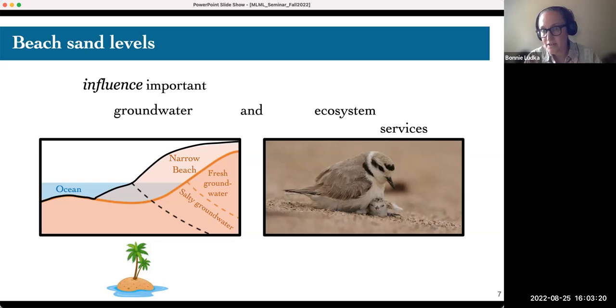On the right, I have an image of a western snowy plover. As you all are probably familiar with this bird, it requires beach habitat for nesting, and there are a whole host of organisms that depend on the beach, and we in turn are getting many ecosystem services from the beach.